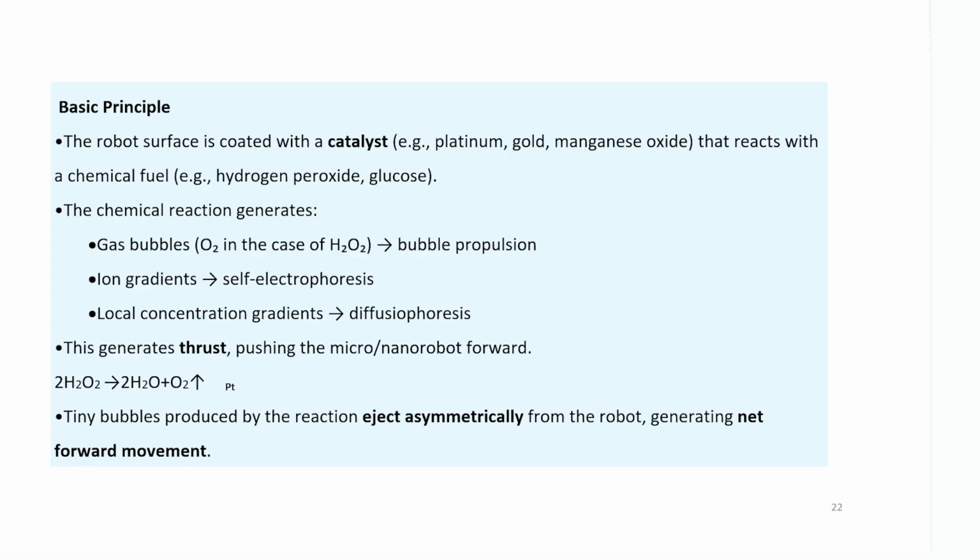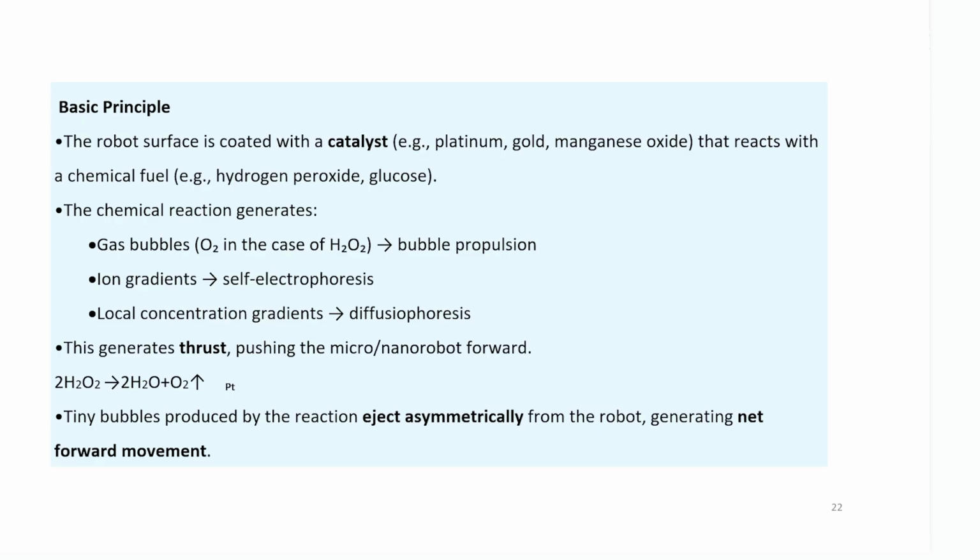This H2O2 basically breaks down into hydroxyl radicals, which go on to further degrade your dyes. In the reaction of this breakdown process, O2 bubbles are generated on the surface as the Fenton reaction takes place and fuel is being utilized on the surface of the bot.